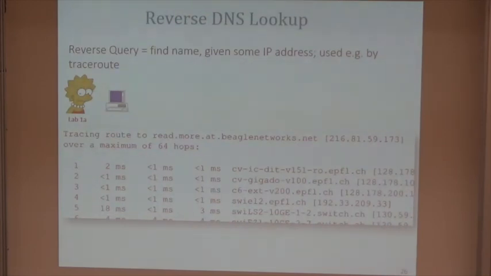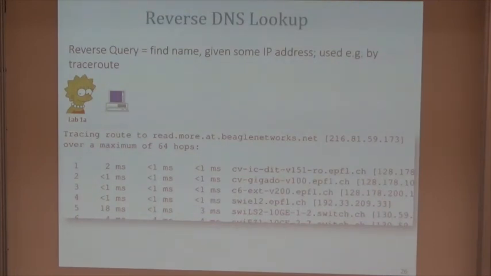Sometimes we do also reverse DNS lookup. In fact, we did it when we use ping or traceroute, and we don't activate the option to show only numerical results. Here, Lisa is doing a traceroute to this, and you receive an answer that's in the form of names. So you receive all the names of all the machines that are on the paths. Right?